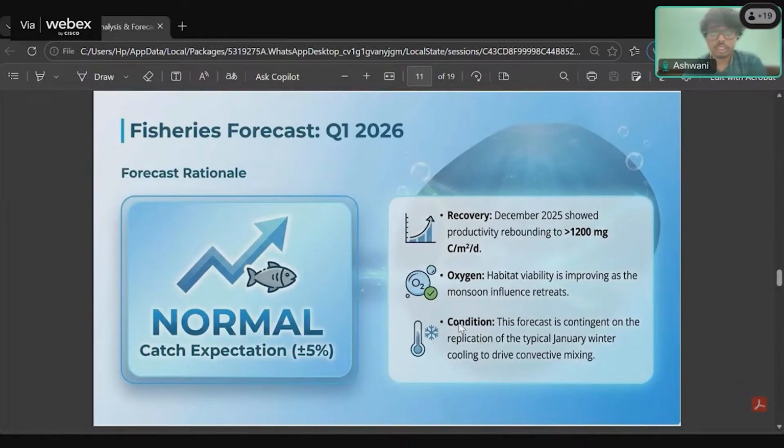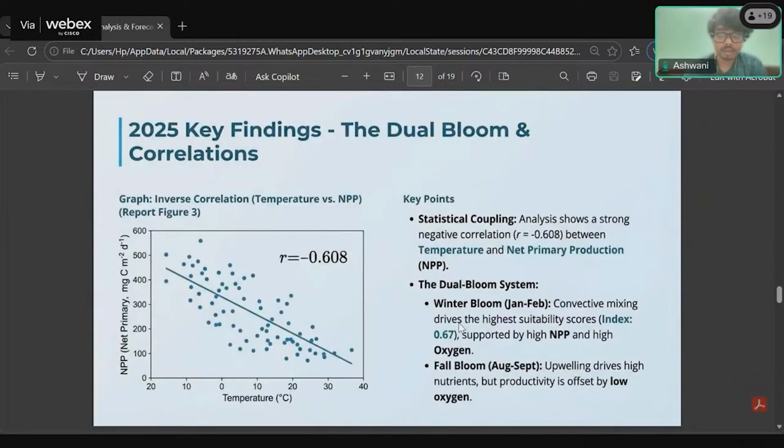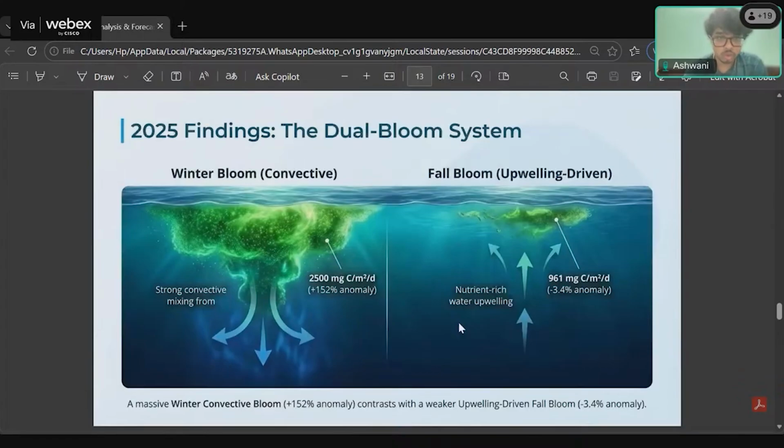So this is what is happening in winter and what is happening in fall, like in summers. In winters, the temperature is normally cooler, so water holds more oxygen. Along with this, the top surface of the water becomes dense and heavier, so it starts moving below, and the lighter water from below, which is rich in nutrients, comes up, because the top surface layer nutrients are being eaten by the fishes, so they are declining.